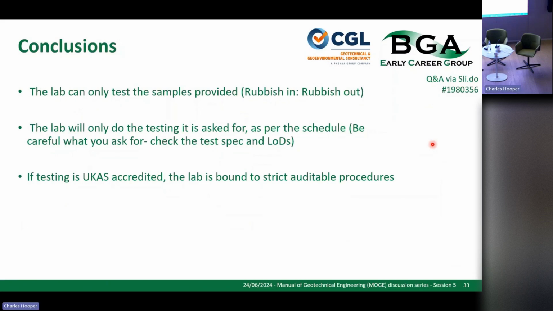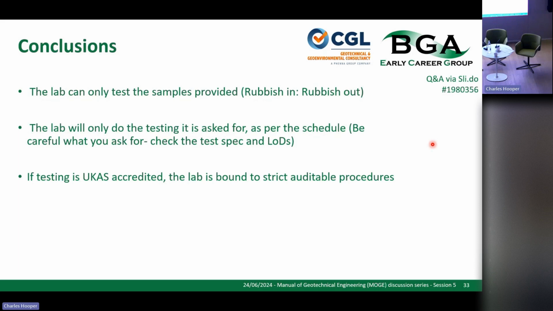So the lab will only test the samples that you give them. You give them a rubbish sample, you're going to get a rubbish result. And it will only do the testing you ask for. So if you ask them to do a certain test, that's what they will do. They're not going to go, oh, I don't think that sample looks like it needs testing for that. It's a bit blue in colour, we'll test it for cyanide as well. They are not going to do that thinking.